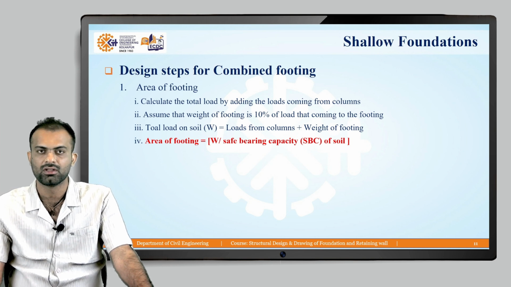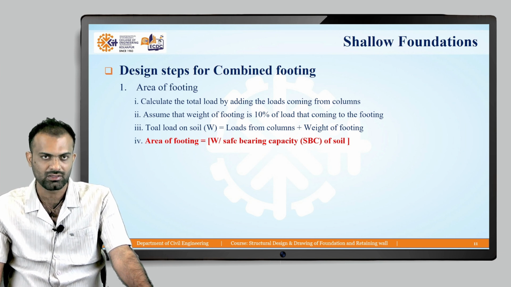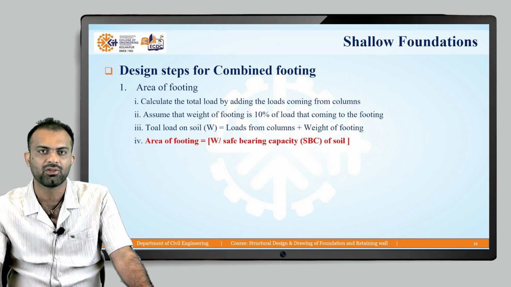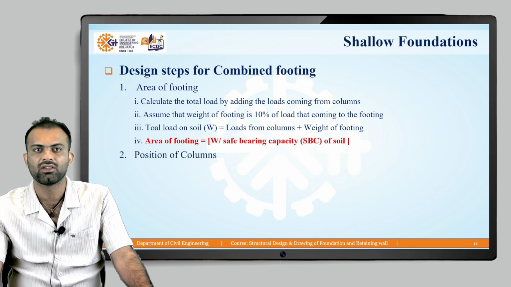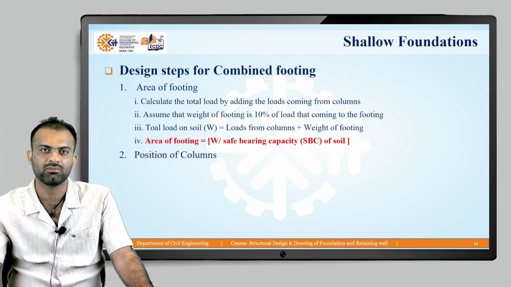If the area of the footing by this formula is 15 square meters, you can take 3 meters as the width and 5 meters as the length. That is your choice. So, you have to fix the dimensions of the footing using the area calculated from this formula. After that, we need to place the columns on the footing.